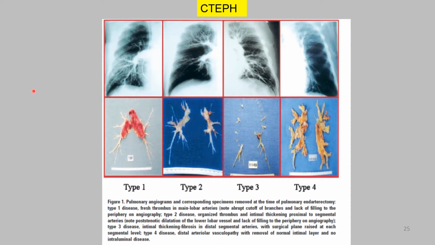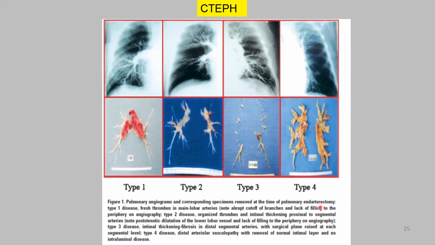Now, what are the diseases that we have there? The main group is chronic thromboembolic pulmonary hypertension. And interestingly, you can have a situation that is very distal, or a situation that is very proximal, and you would have all these classifications that go from 1 to 4, according to the Kenneth Moser group, UCSD, which is University of California, San Diego.